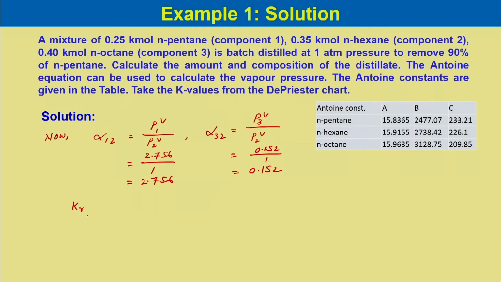Now, we can obtain Kr, that is the reference component K value, which would be equal to 1 by 2.756 into 0.25 plus 1 into 0.35 plus 0.4 into 0.152, and if we do that, we would obtain Kr is 0.948.